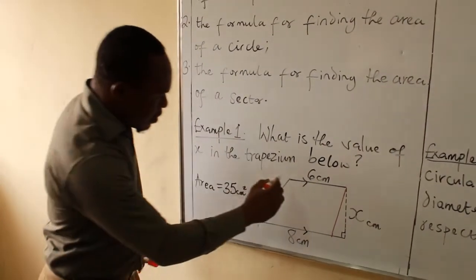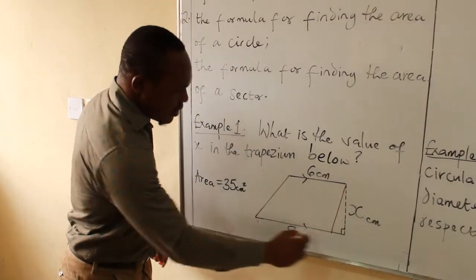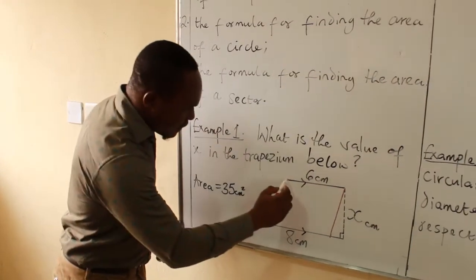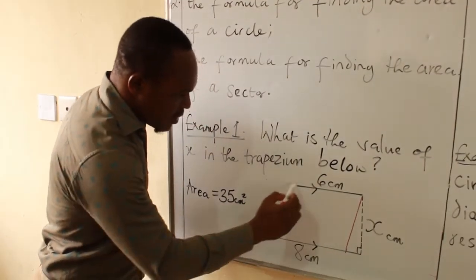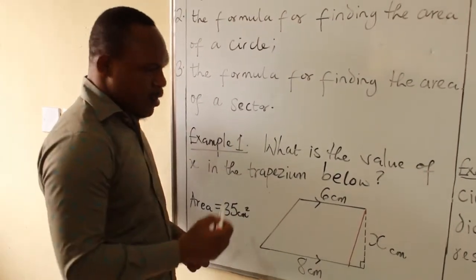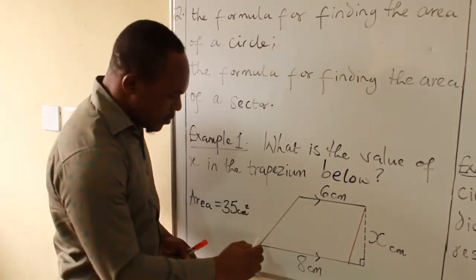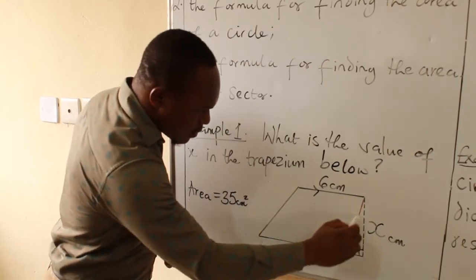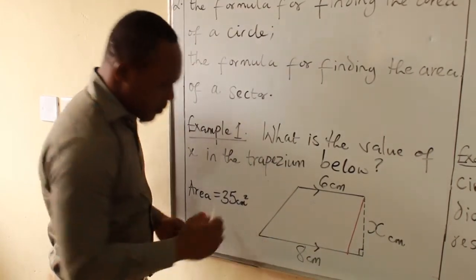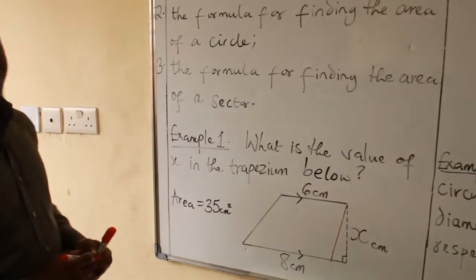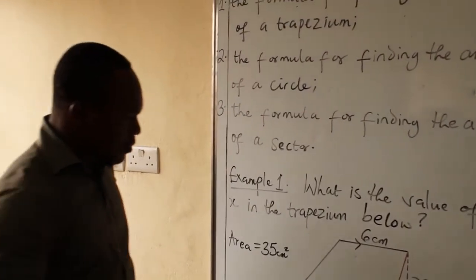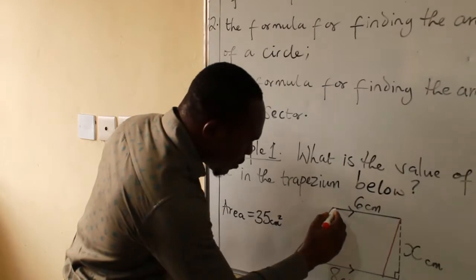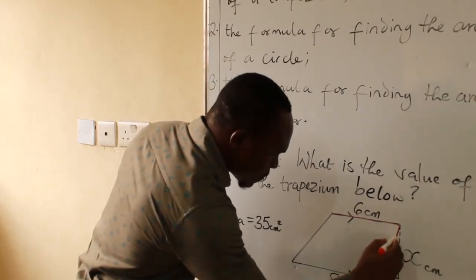Someone may say, we have two trapeziums in this figure. We have the first trapezium bounded by these four lines, and we have the second trapezium bounded by these four lines. So, which trapezium are we referring to? Now, the trapezium we are referring to is the trapezium bounded by these four lines.